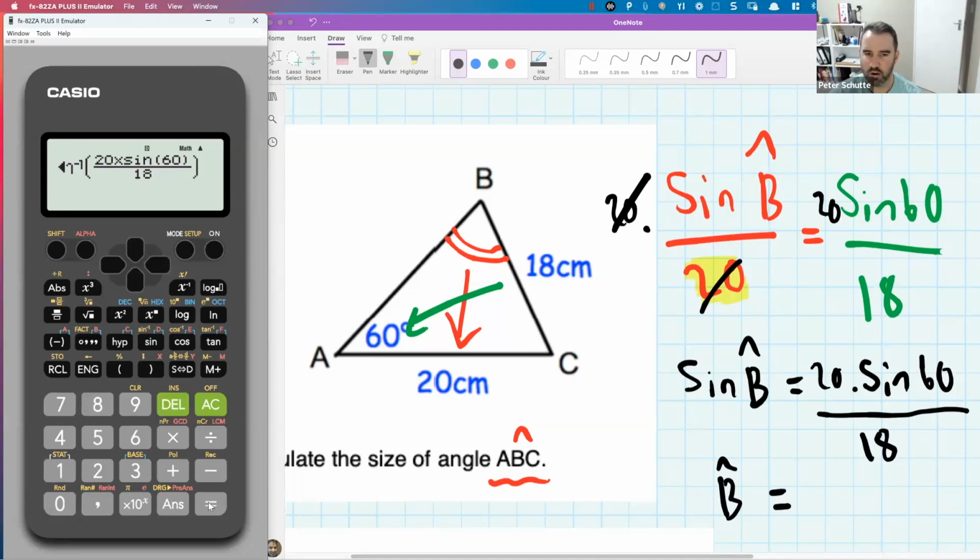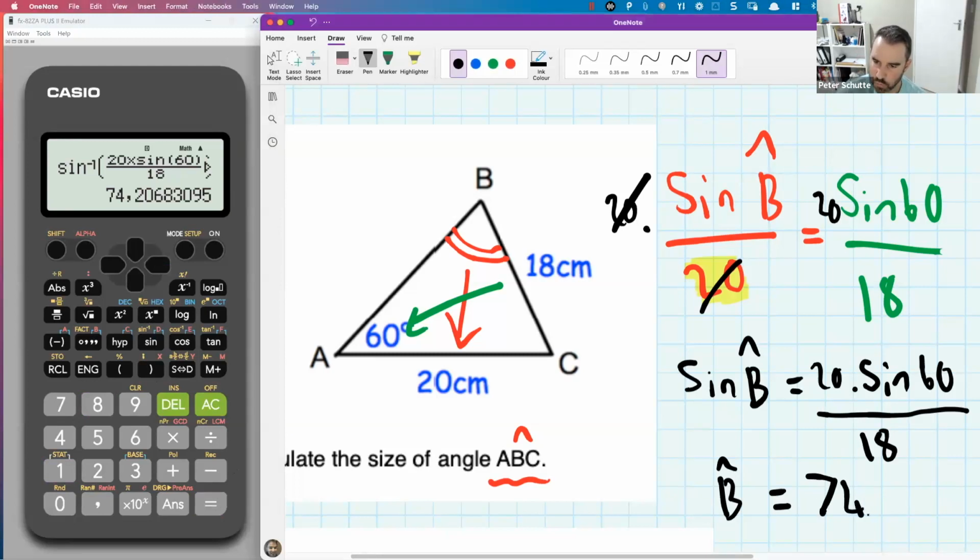What do we get for our answer? So we seem to get 74.21 degrees. And that again makes me happy because 20 is longer than 18, which means this angle has to be bigger than the 60 because it's a bigger side that's opposite it.